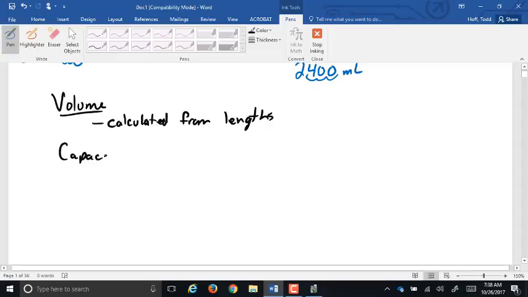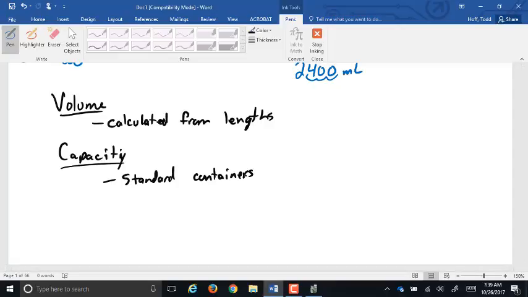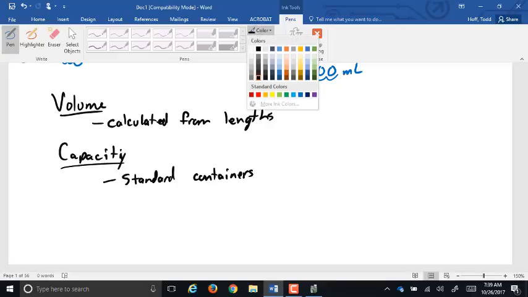Capacity was standard containers. But the difference between them is really just how they're measured and how they're computed. They both measure the same thing. They measure how much something holds, how much is within another object.